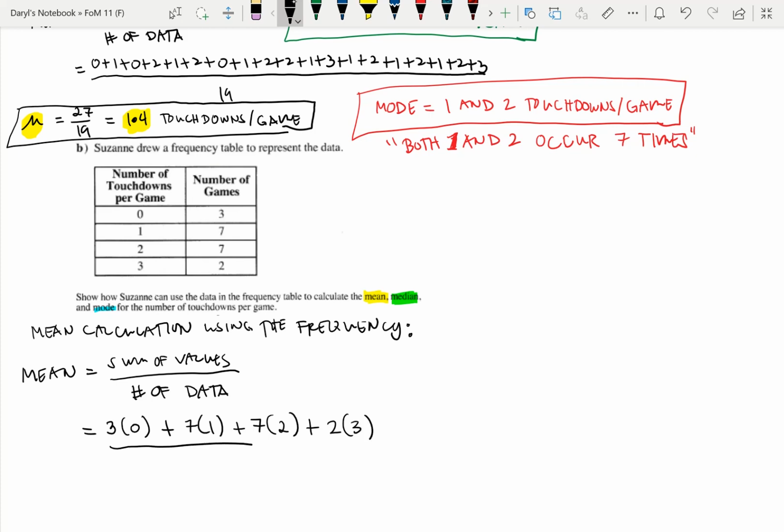And again, the number of data, if you can see, is just the number of games. So if you add everything up, the total is 19. So this would be the number of data values. So that would be divided by 19.